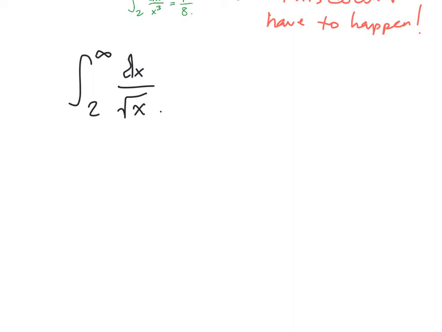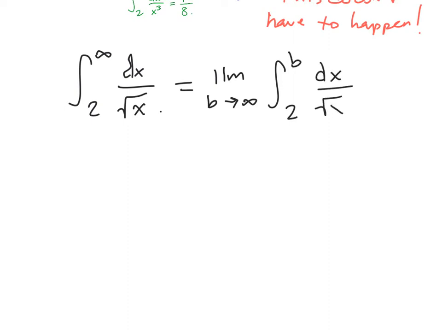We're going to evaluate this by viewing this integral as a limit of proper integrals: the limit as b goes to infinity of the integral from 2 to b of dx over square root of x. And that's the limit as b goes to infinity of the integral from 2 to b of x to the minus 1/2 dx.